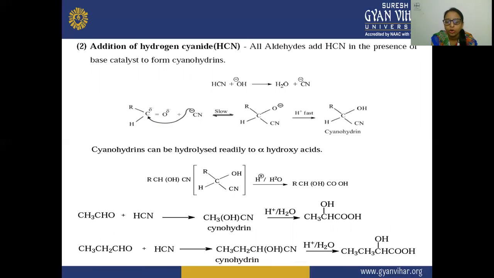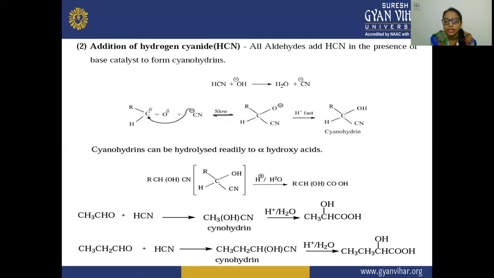All aldehydes add HCN in the presence of a base catalyst to form cyanohydrin. So here, in the presence of a base catalyst, there is an addition of HCN to this aldehyde, and there is a formation of cyanohydrin.